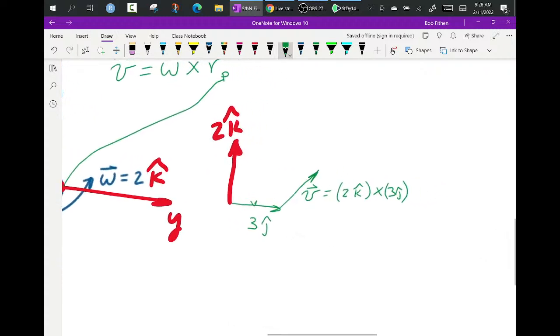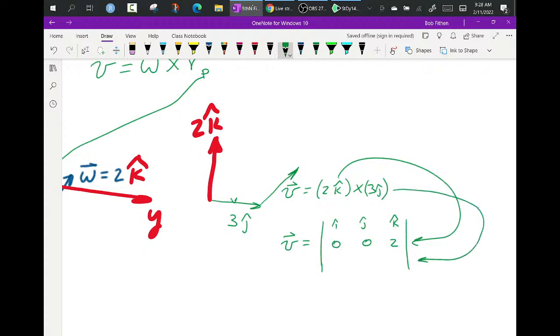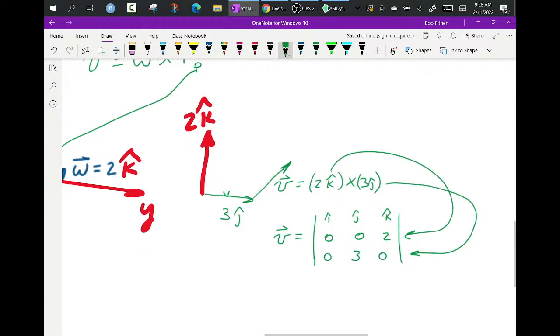Now, if you want to do it the way cross products were taught at one point, you take the first vector and put in 0, 0, and 2. You take the second vector and put in 0, 3, and 0.